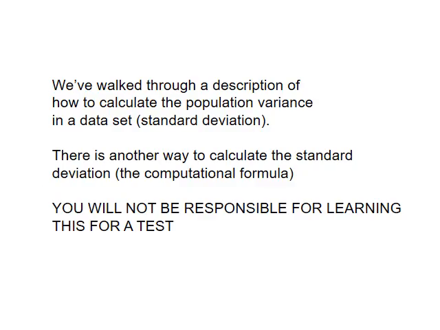Okay, so we've walked through a description of how to calculate the population variance in a data set and then arrive at the standard deviation. There is another way to calculate the standard deviation, which is known as a computational formula. This is described in your book. The one we've just worked through is known as the definitional formula. The other formula is known as the computational formula. You will not be responsible for learning this for any tests or quizzes.